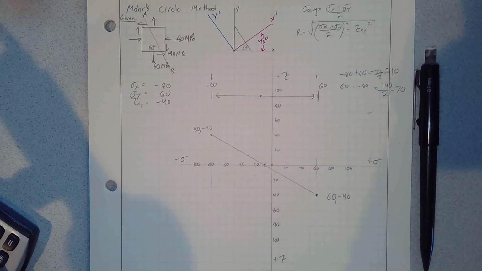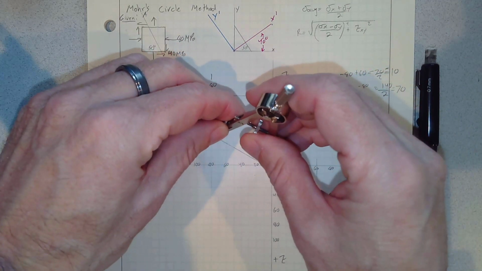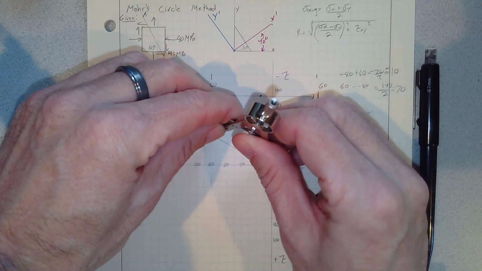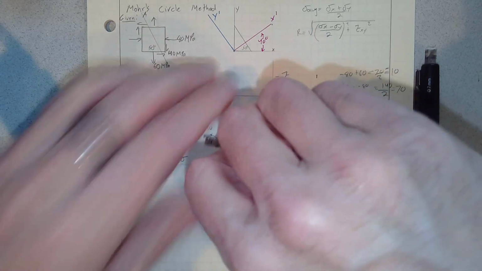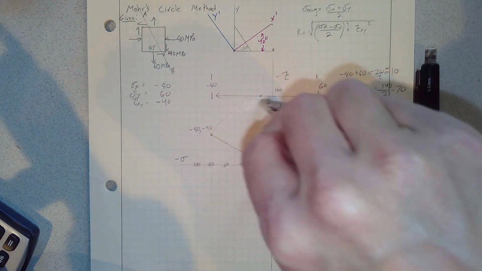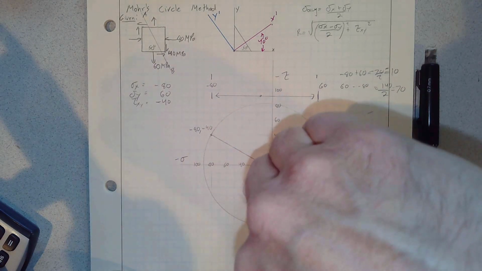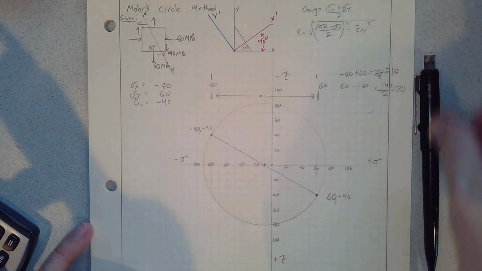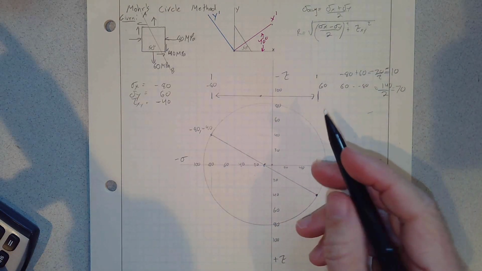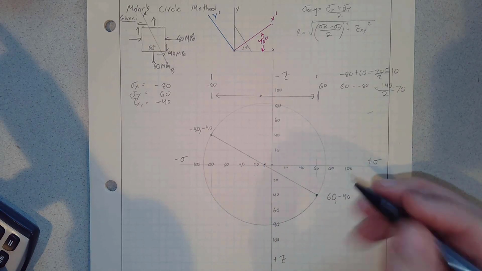Okay, so we can take our compass here. And we've now drawn our Mohr's circle. Let's look a little bit more about what we know about the points on this circle.